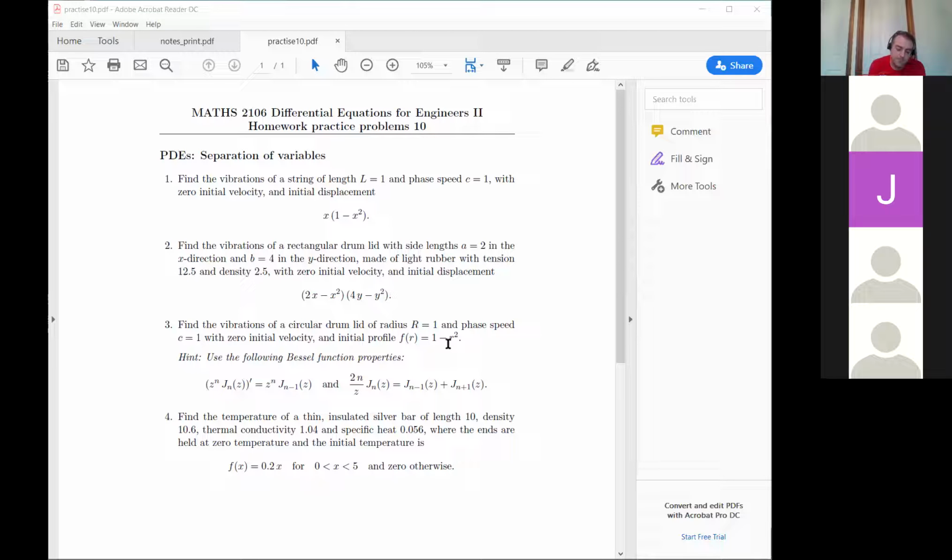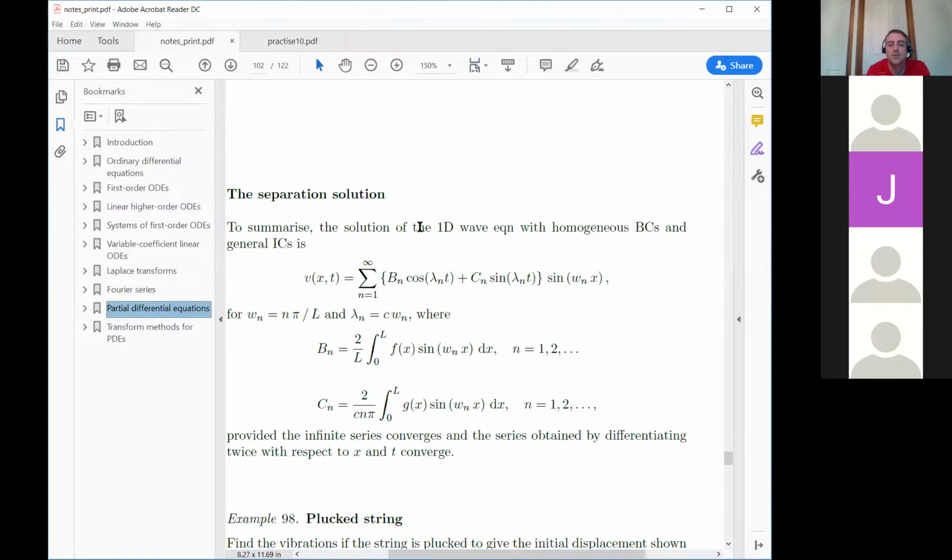Vibrations of a string, length L equals 1, phase speed C equals 1, zero initial velocity and initial displacement x(1 minus x squared). Okay. I'm going to have a quick look in the notes for some of those phrases.